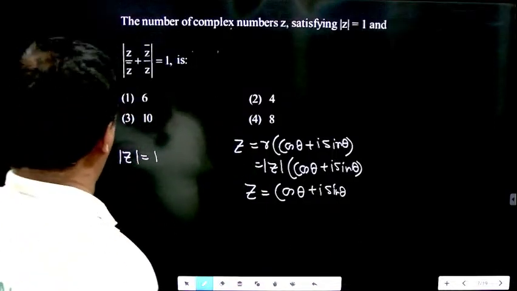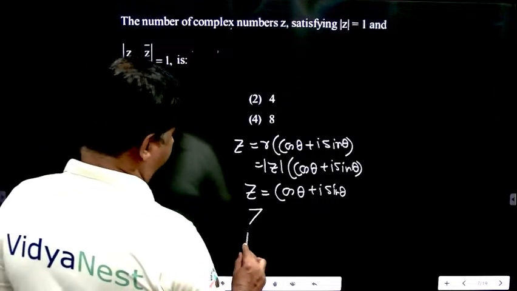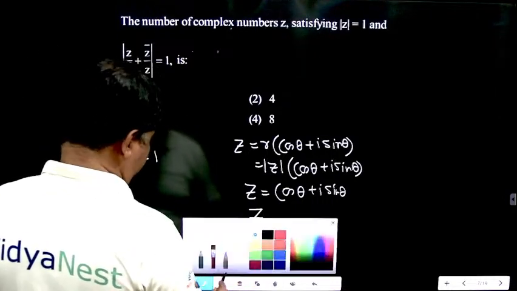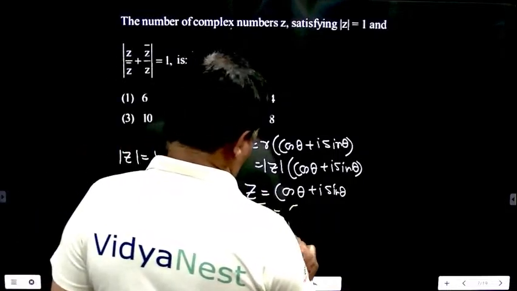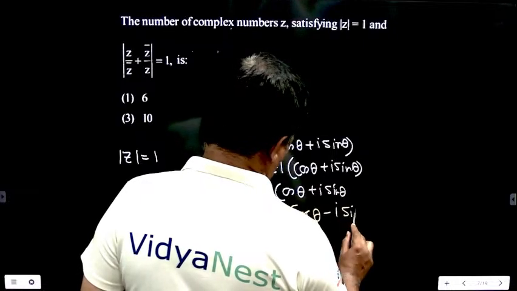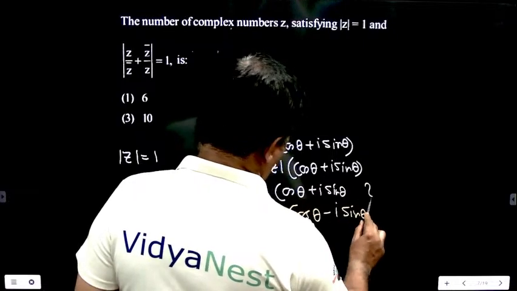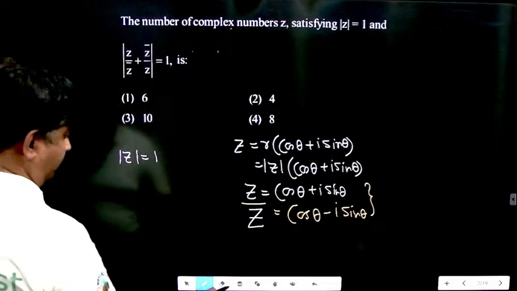So, this is z. What is z bar? Cos theta minus i sin theta.